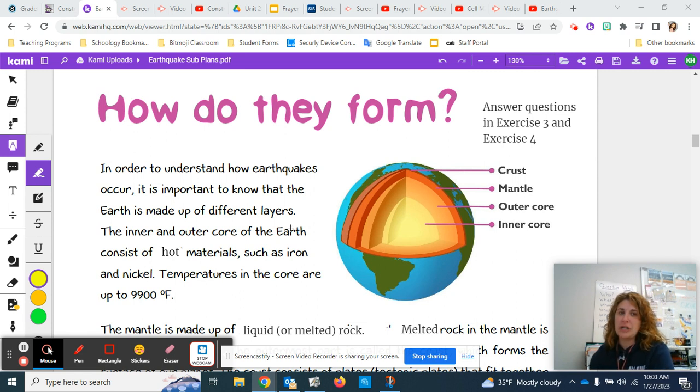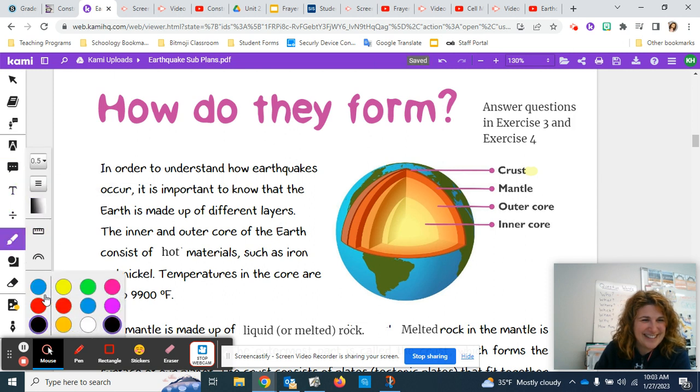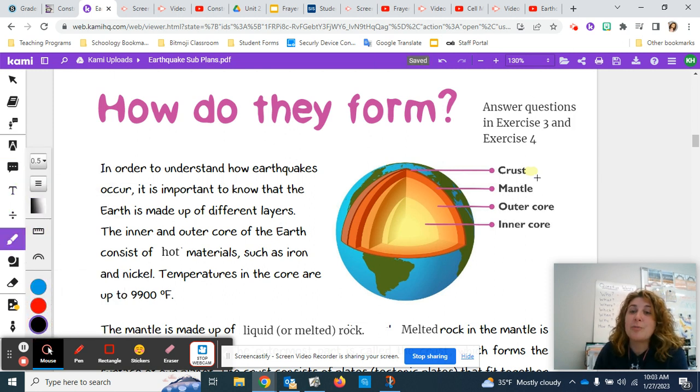So, in order to understand how earthquakes occur, you need to understand the layers. La capa que está más afuera, la superficie, la capa más afuera is crust, right? It is the surface of the earth. It is la capa más afuera. Afuera. Ooh, that is terrible. I'm going to fix that.